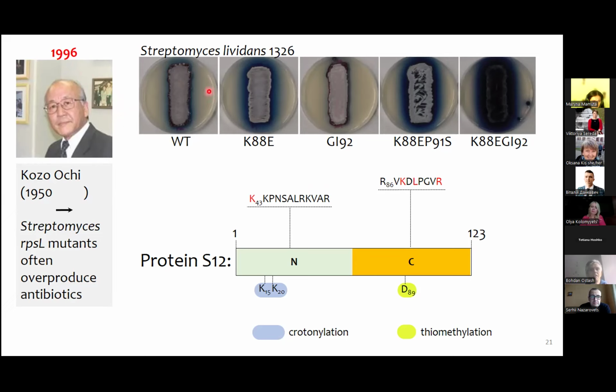You can see here to the left, when you see this WT, it means wild type or natural strain. It produces some blue diffusible pigment called actinorhodin. And then Professor Ochi selected for mutants harboring tiny changes in a gene encoding protein S12.